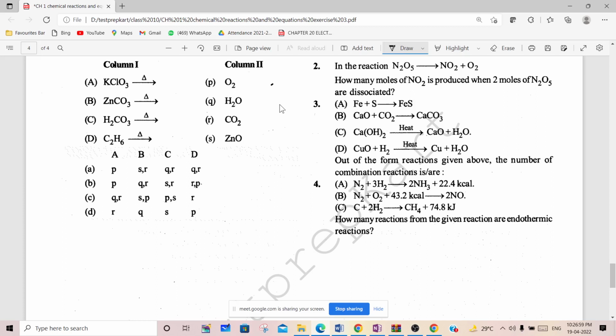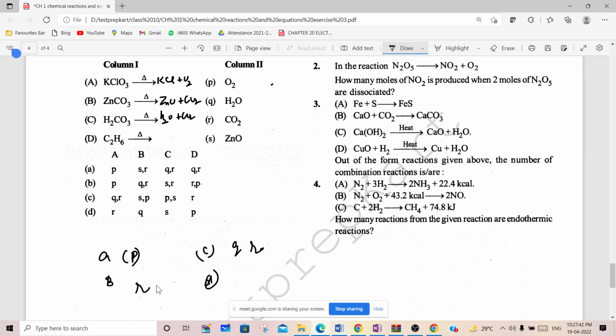If it is decomposed, it is giving KCl and oxygen, right? It means A is only P. Zinc carbonate will give you zinc oxide and carbon dioxide. It means B is R. Okay. This will give you carbon dioxide plus water. It means C will be giving Q and R. So for the B one, it will be S and R also, right? Because it gives ZnO plus CO2.